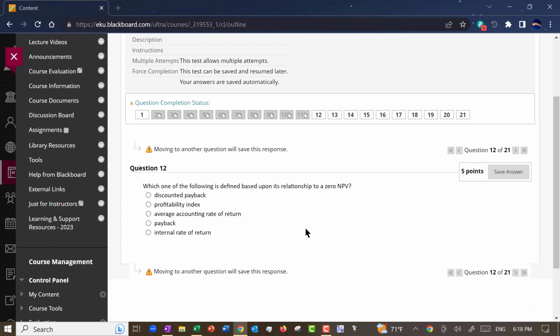What do you think? You should think about what has zero NPV in its definition among those choices. You just talked about it at the beginning. The internal rate of return. It is the discount rate that makes the NPV zero.